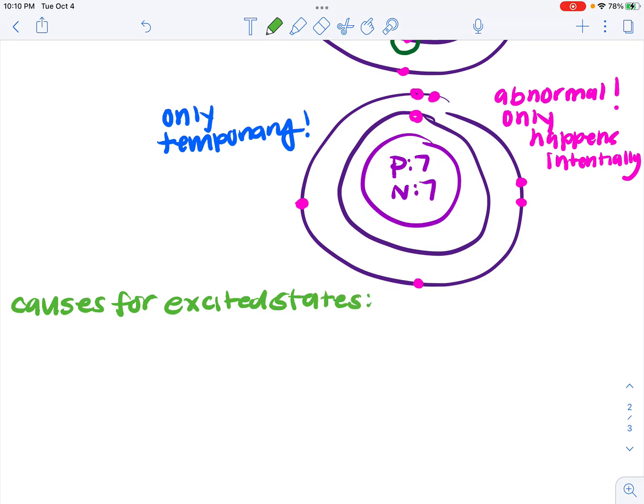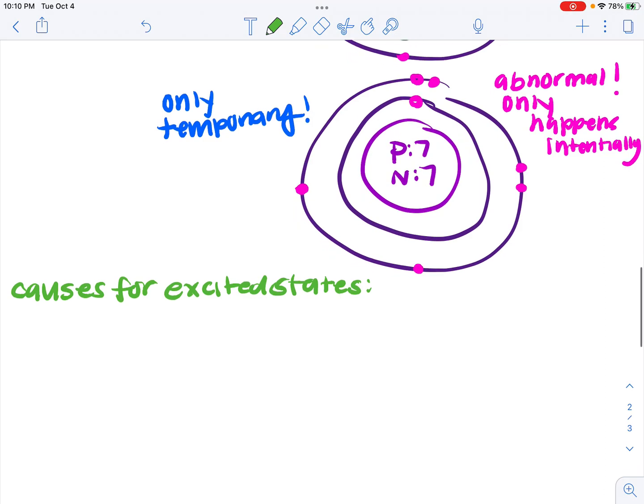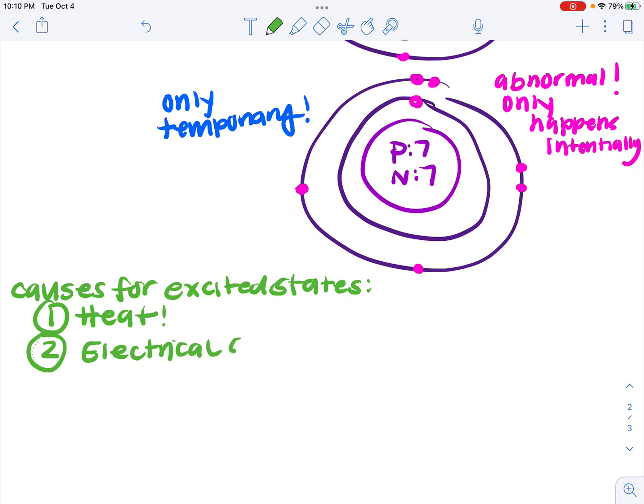And it's really important to say that electrons don't want to do this. This takes a lot of energy, but really the things that can make excited states happen are, number one, heat. If heat is applied to something, it's going to move those electrons into an excited state. The second thing that can do it is if it comes in contact with an electrical current.